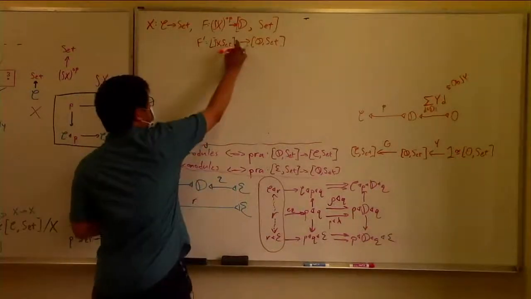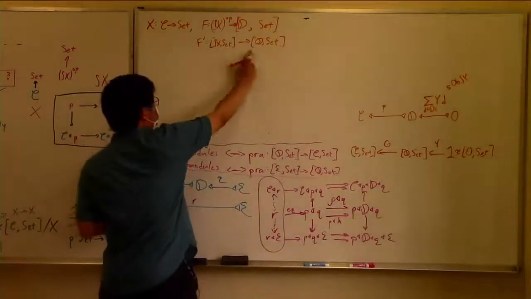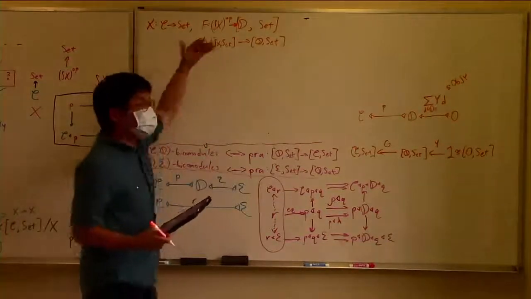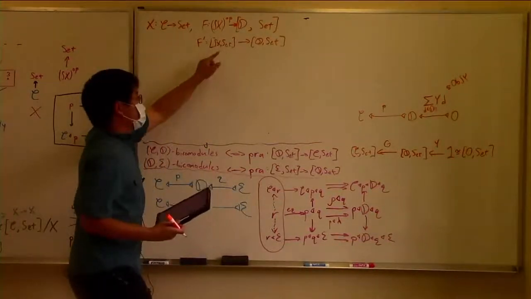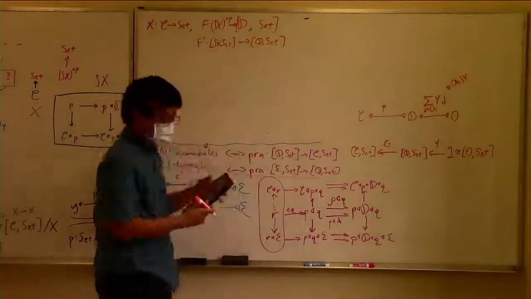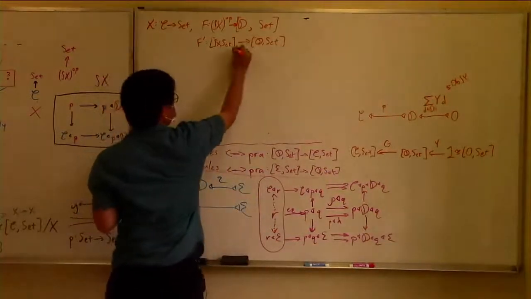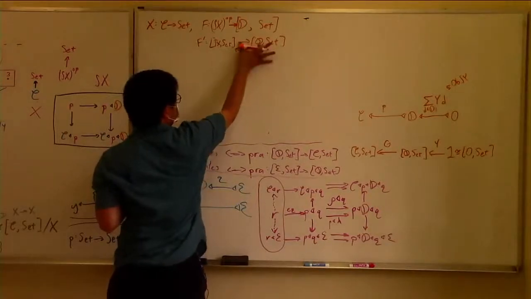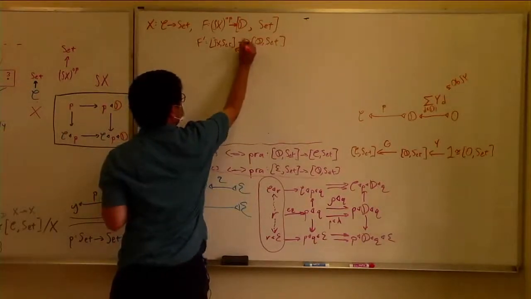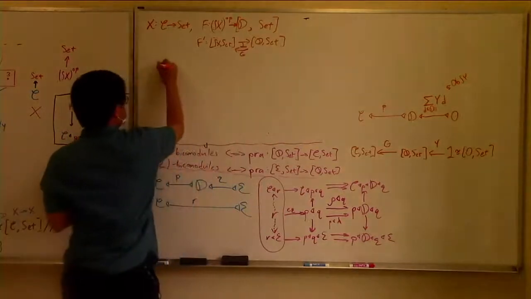The right adjoint for a left adjoint, for a colimit-preserving functor between two presheaf categories, is given by the following formula. I'm going to give you the formula for the right adjoint G here.